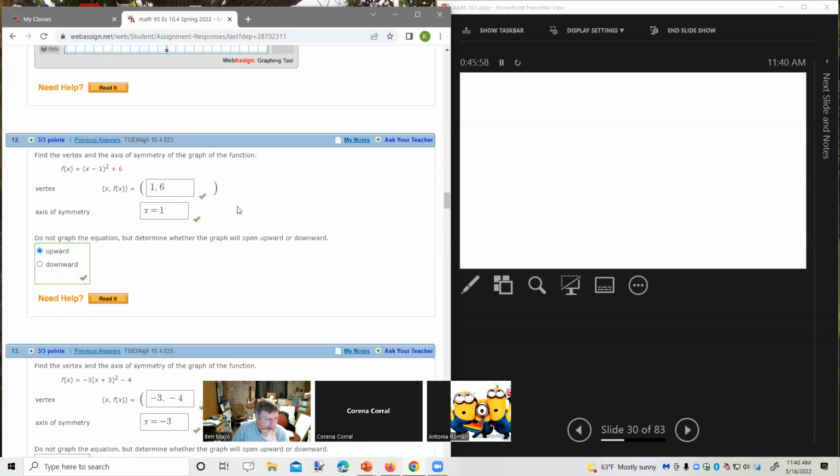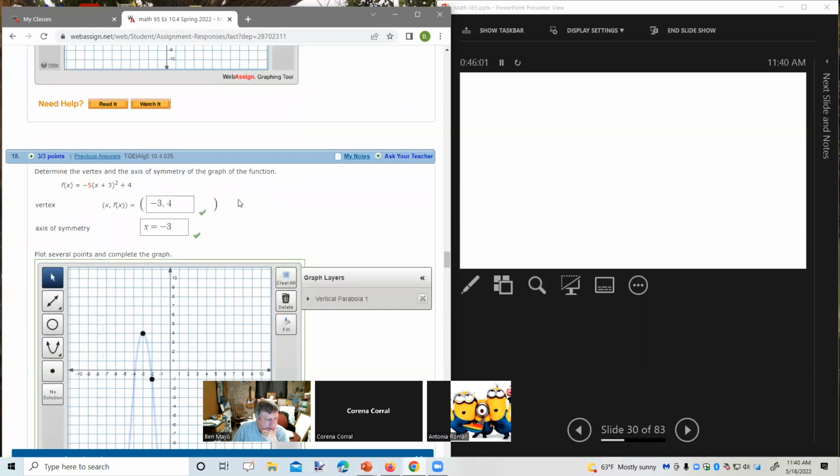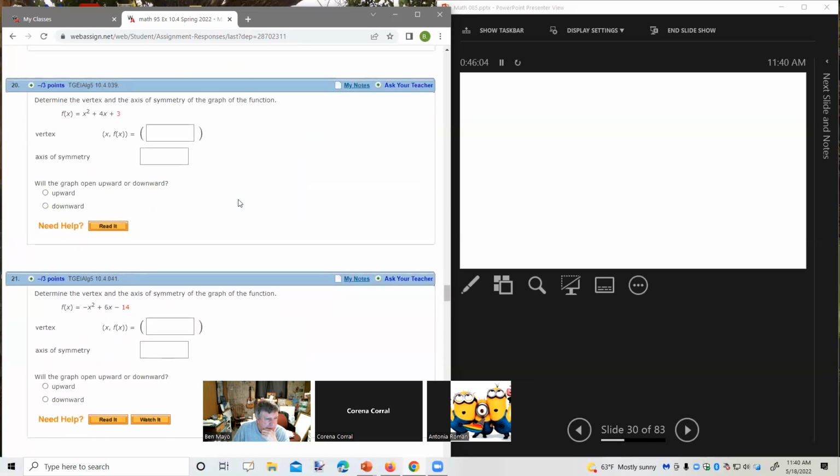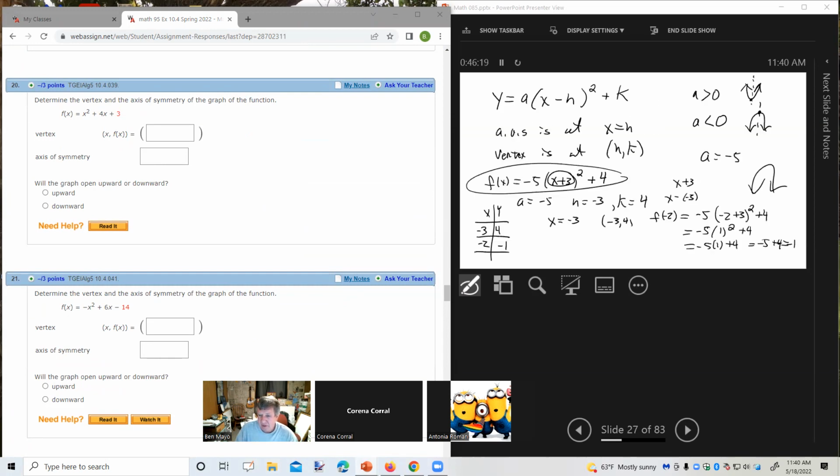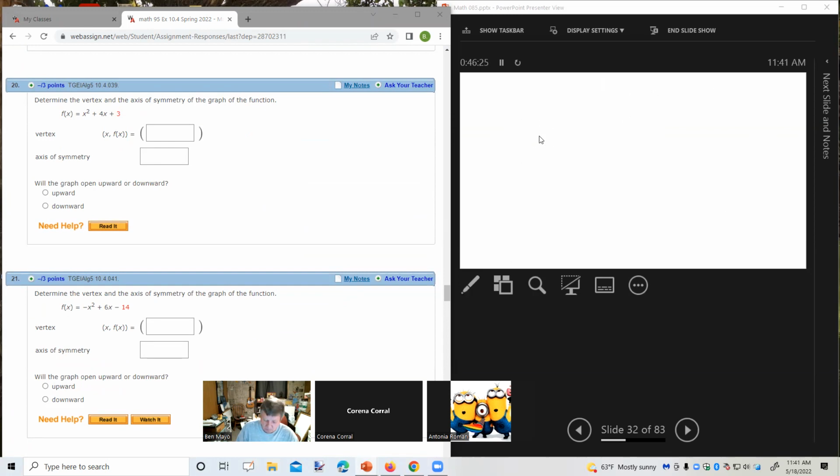So let me go back here to, we did number 18. Now let's take a look at the new stuff. Okay, so we've been dealing with parabolas in the form y equals a times (x minus h) squared plus k. And back up here a little ways, I went through and kind of reviewed how that all works. Now we're going to use a different form, y equals ax squared plus bx plus c, which is the form that we use for the quadratic formula. It's the form that we use when we're factoring by grouping, et cetera.